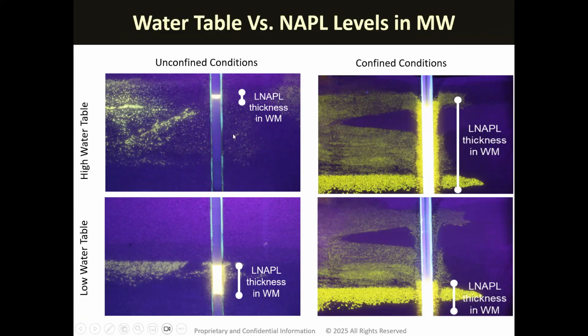You don't really have a good understanding of the lithology unless you have really good monitoring logs. You sometimes don't have details about the monitoring well construction. And you can see opposite trends for the same effects. So this is really a matrix that says that under unconfined conditions, the LNAPL thickness is low at high water table but high at low water table, and the opposite trends are observed in the example that I just showed in the previous video.